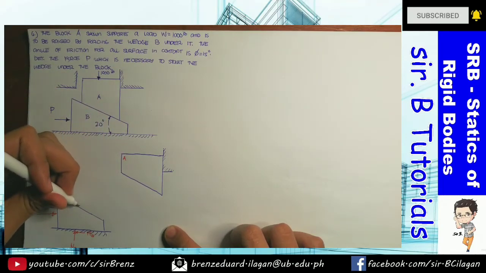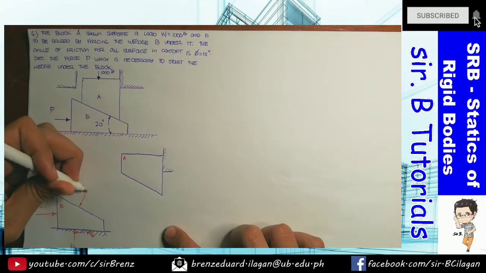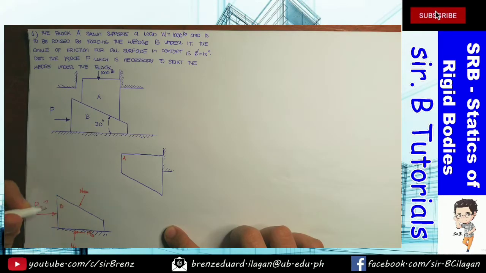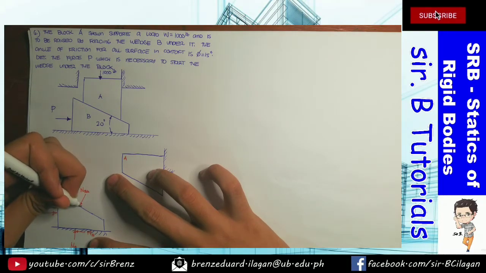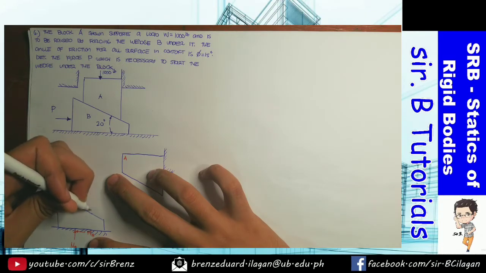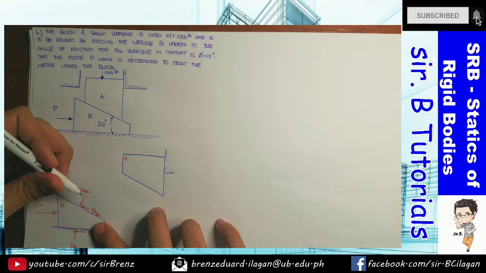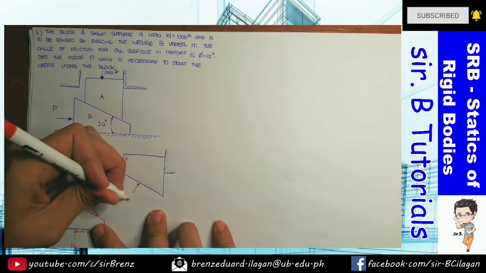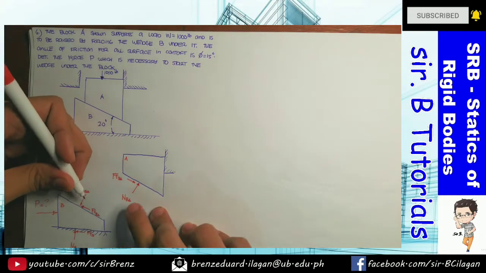So this is wedge B, and this is A. Let's just say that this is the normal force between B and A. Okay? And then if papunta nga siya dito, therefore this will be going here. So this is the frictional force of B to A. Then dito sa kabila, to make it in equilibrium, this will be the frictional force of BA, so nabaliktad lang yung directions niya.